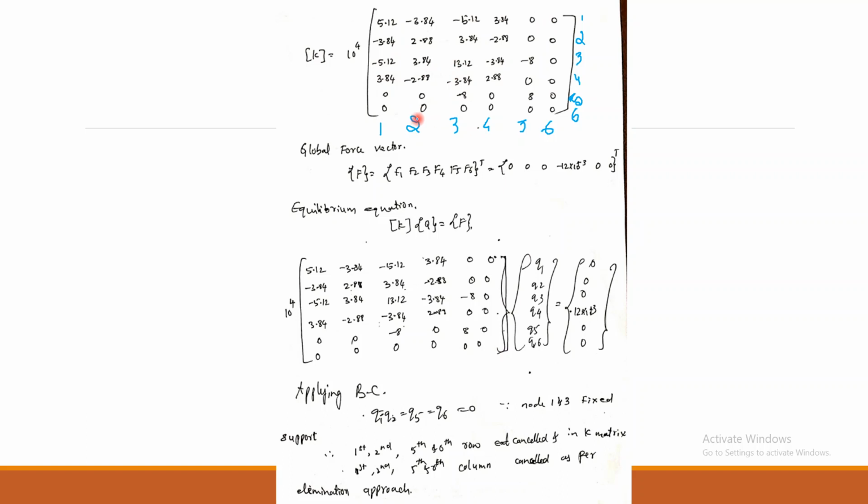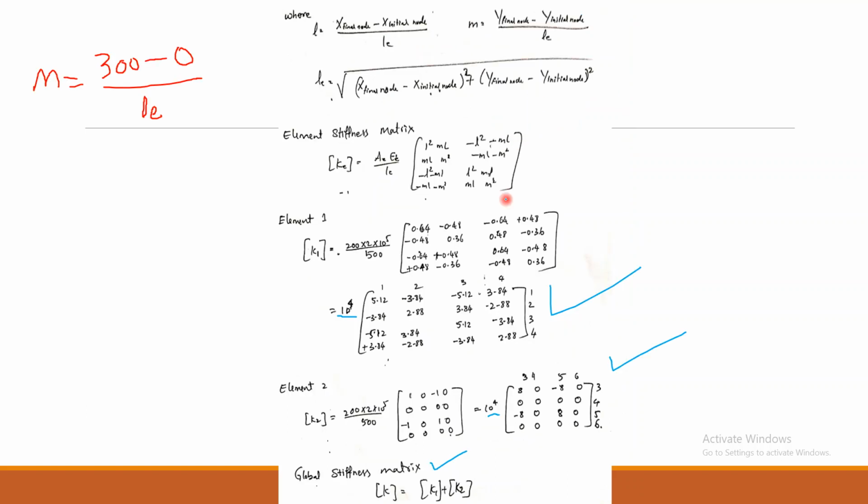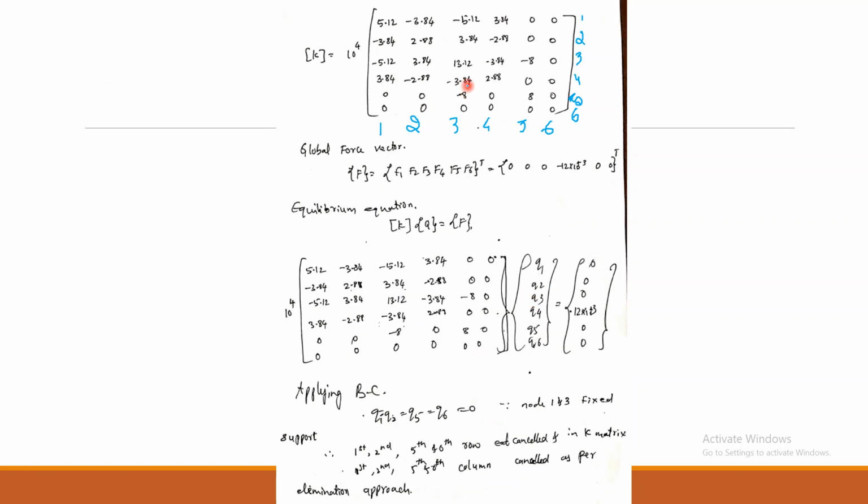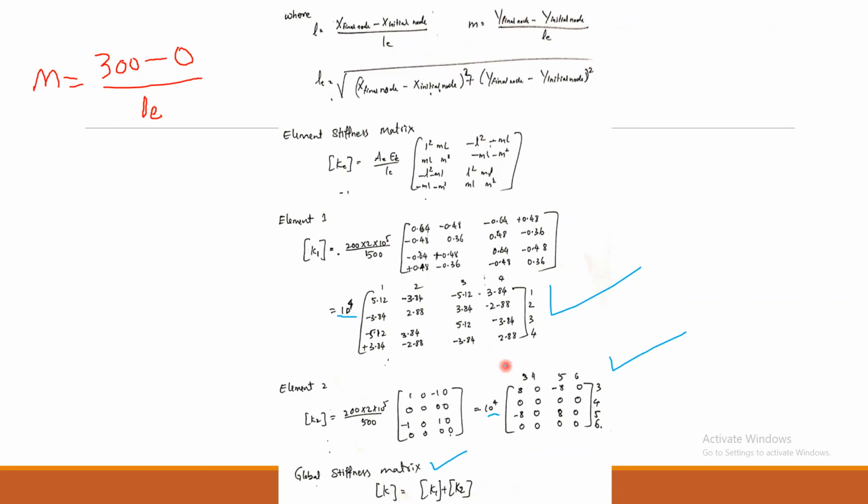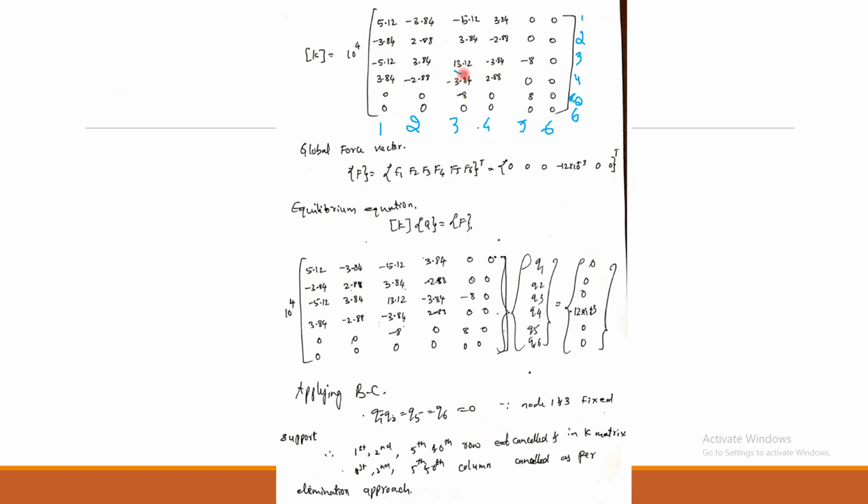Likewise, you go for each coefficient, the 2 2, 1 2, 3 4, like that, and look into the connectivity from the element stiffness matrices 1 and 2 and write down those numbers. The common term that will be added is here: 3 3 we are having 5.12. If you observe, in 3 3 also we are having 8. So 5.12 plus 8 becomes 13.12.